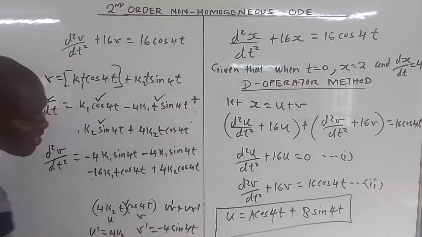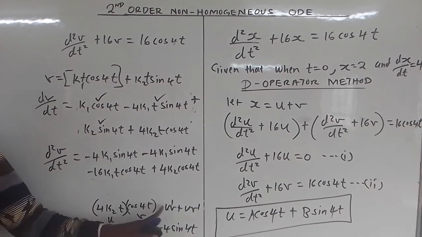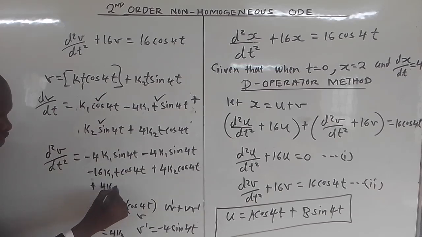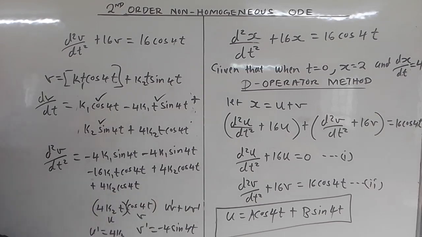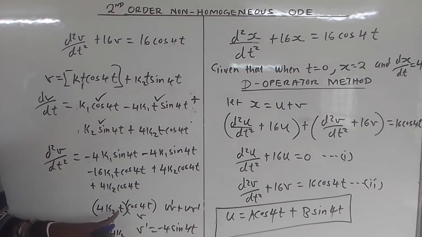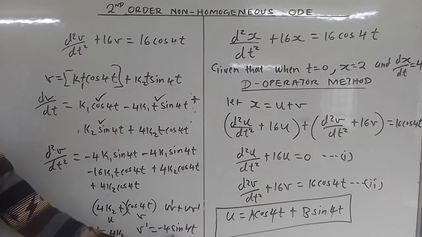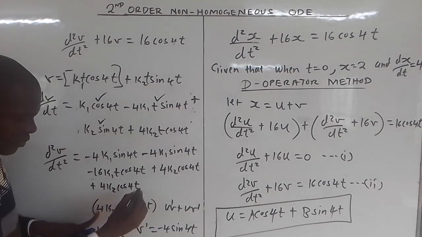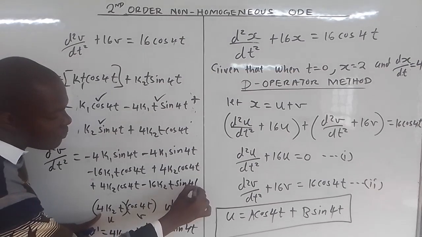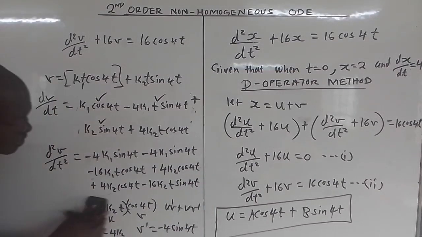If this is u prime, the other one is v prime, isn't it? So u prime times v, 4k2 times cos 4t, you get plus 4k2 cos 4t. Then u times v prime, 4k2t times negative 4 sine 4t, you get negative 16k2t sine 4t. Are you seeing you differentiated everything?